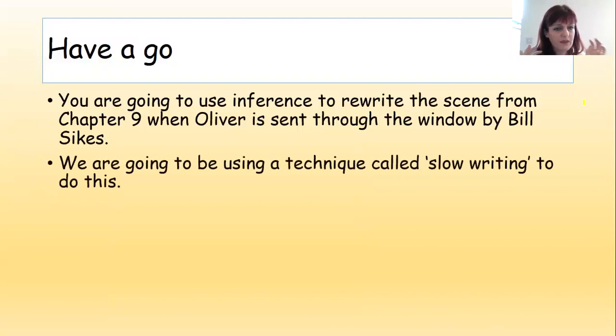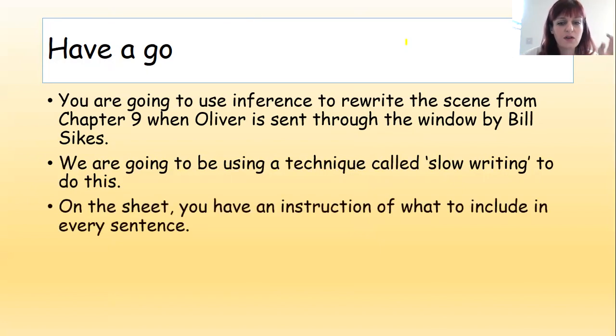Okay, so to do this today, you're going to be using a technique known as slow writing. What it means for those who haven't done this before is you are literally writing sentence by sentence. What we're going to be focusing on is quality sentences, not quantity. So if you are one of those people that writes loads and loads, this is not going to be the way today.